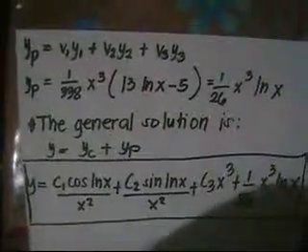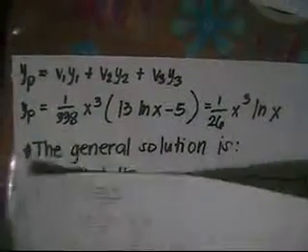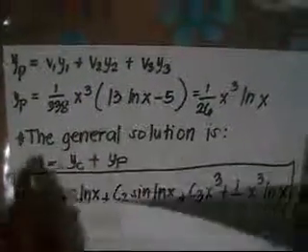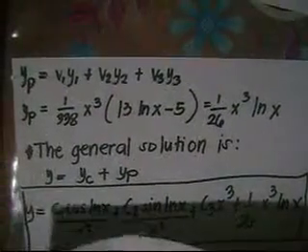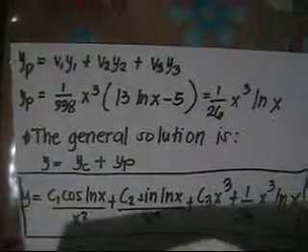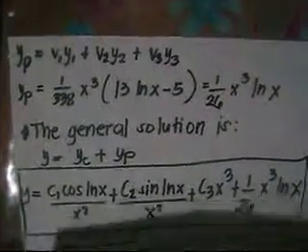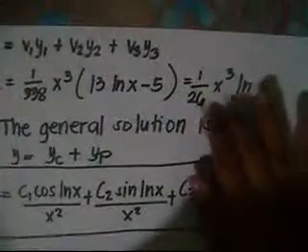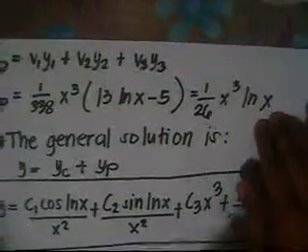Now we have the values of y1, y2, y3, as well as v1, v2, and v3. So we can now get the value of yp. The summation of the products of v and y is equivalent to 1 over 338x cubed times (13 ln x minus 5), which is equal to 1 over 26 x cubed ln x.